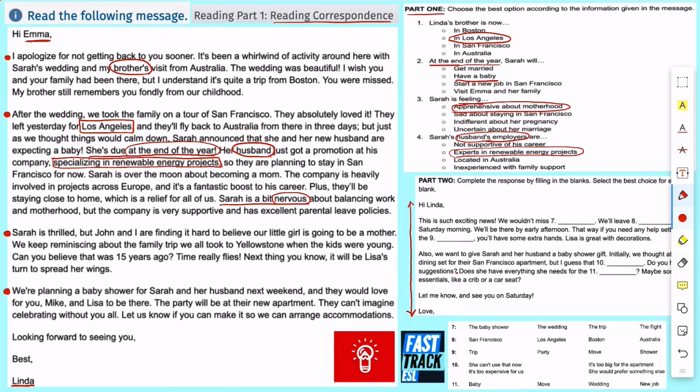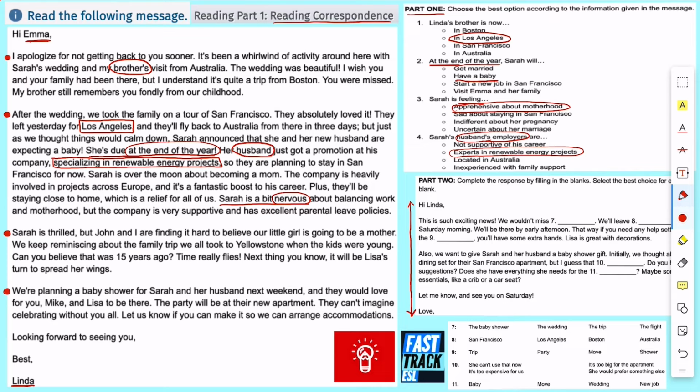Initially, we thought about a dining set for their San Francisco apartment, but I guess that. Do you have any suggestions? Does she have everything she needs for the baby? Maybe some essentials like a crib or a car seat. Let me know and see you on Saturday."